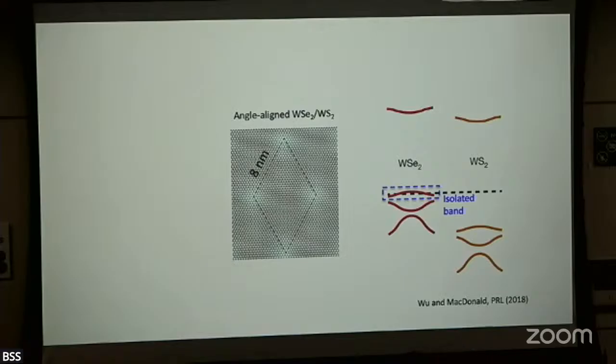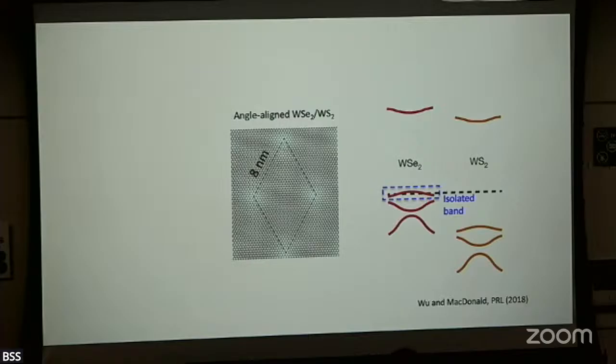In this case, if we are interested in the valence band, this will be simpler because the spin split bands are a few hundred meV away. So we can forget about the spin split bands. For one of the compounds, tungsten sulfide for example, the valence band is also very deep.